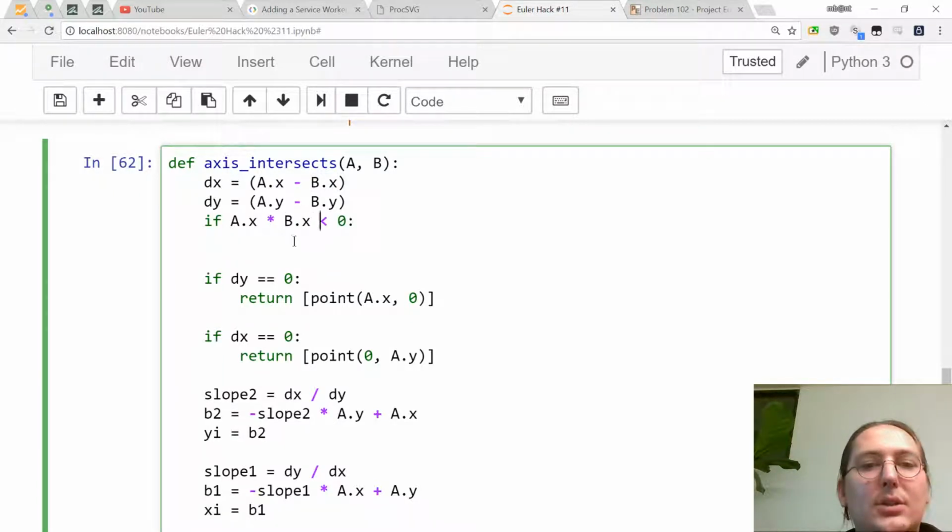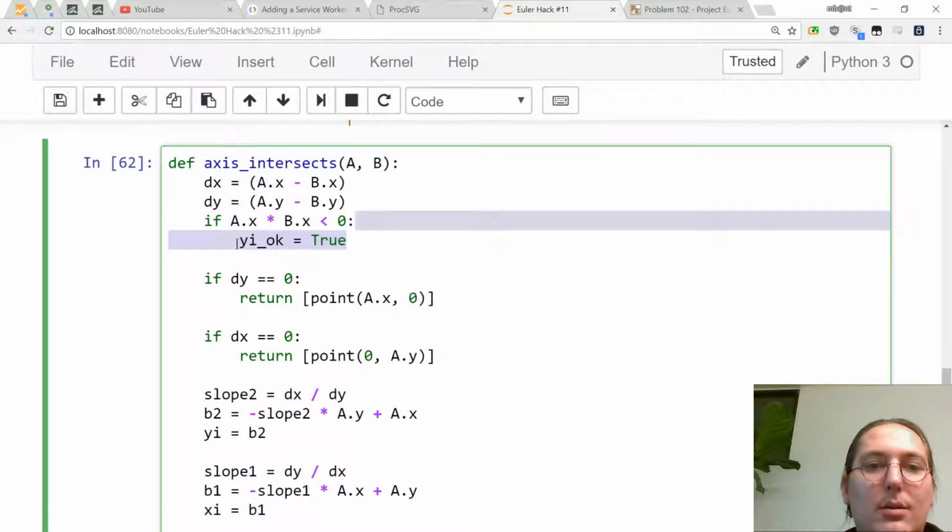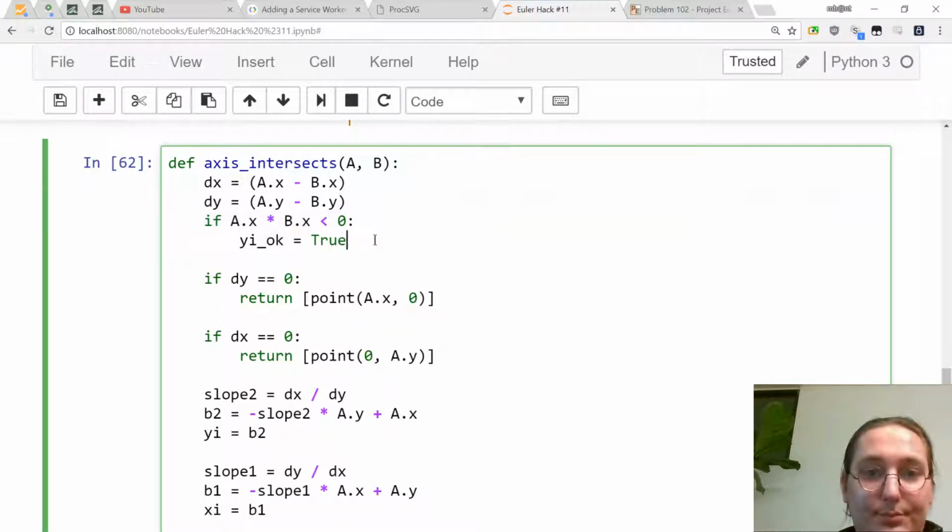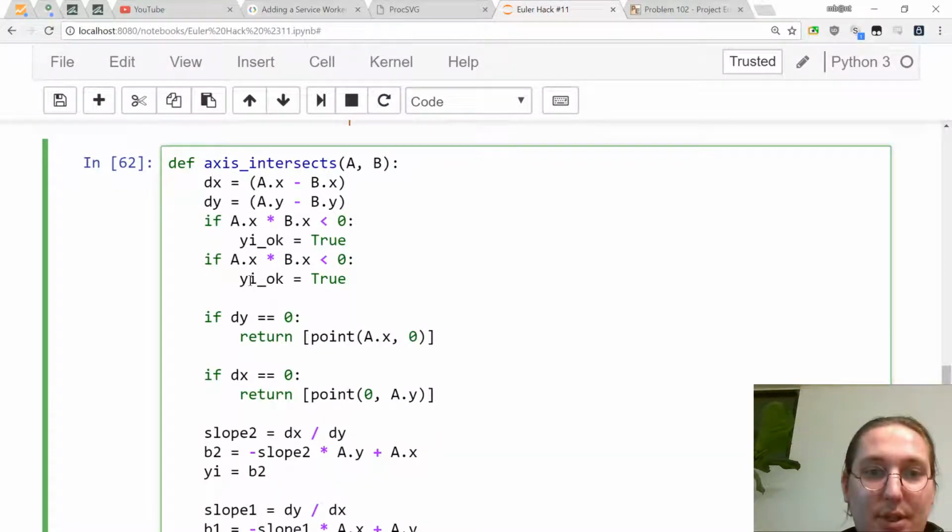Okay, so this means that the y-intersect is okay. And this means that the x-intersect is okay.